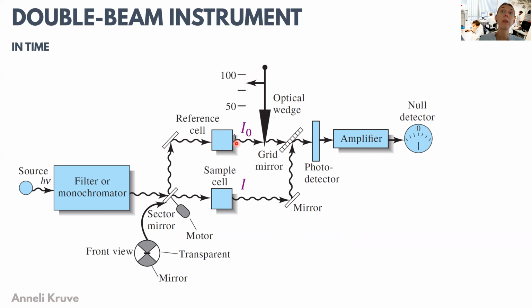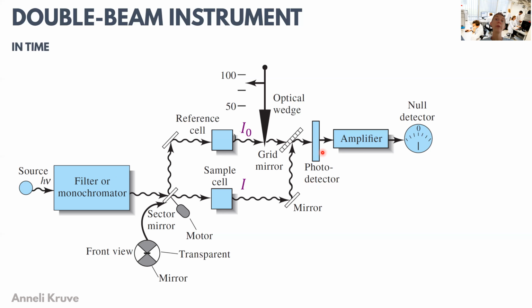And then later, these lights are also combined back together, or rather not combined, but alternatingly guided to a photodetector. So this grid over here is the same kind of grid as here, or the combination is the same, and therefore one photodetector can be used because it is measuring alternatingly the intensity from the sample and from the reference cell.